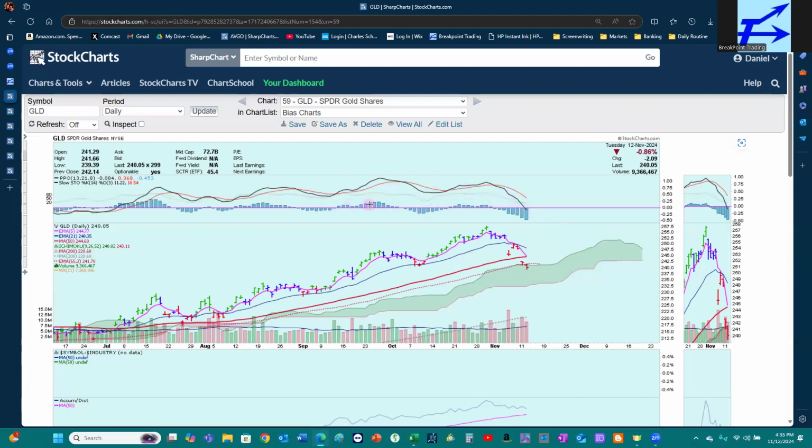The histogram, the blue area right here below it, it just gives you the magnitude of the move. So you can see as this move was going up, the line stayed above zero, even though they crossed. That's okay if it's above zero. And the magnitude wasn't real great with the histogram because it was just a nice leisurely move higher. It kept coming back to the 21-day, remember, reversion to the mean like I talked about.